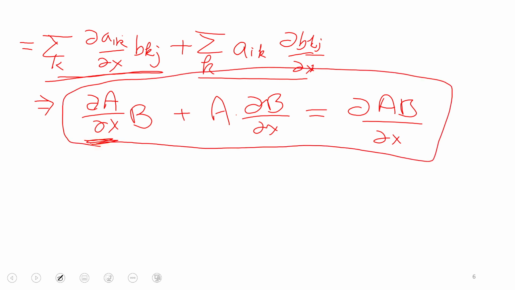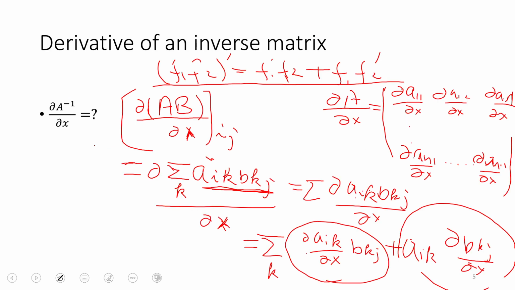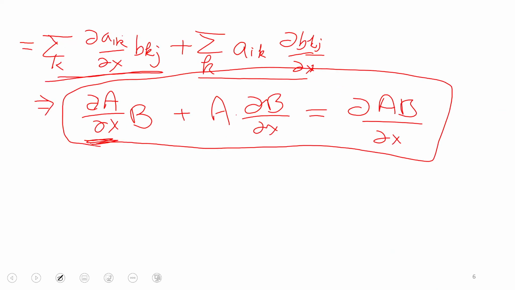Once we have that, what are we going to do? We are going to find the partial of A inverse with respect to x. So we start out with A inverse times A is I, the identity matrix. We take the partial of this with respect to partial x, which should be the partial of the identity, a constant, with respect to partial x.